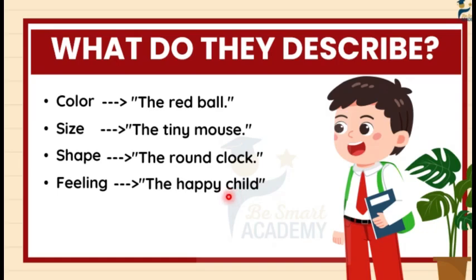Therefore, the word happy is considered an adjective. Also, the adjective can describe a sound. Let's take this example: the loud music. Where's the noun in this sentence? It's the word music. What is the additional information? It's the word loud. So the word loud is describing the sound of the music.